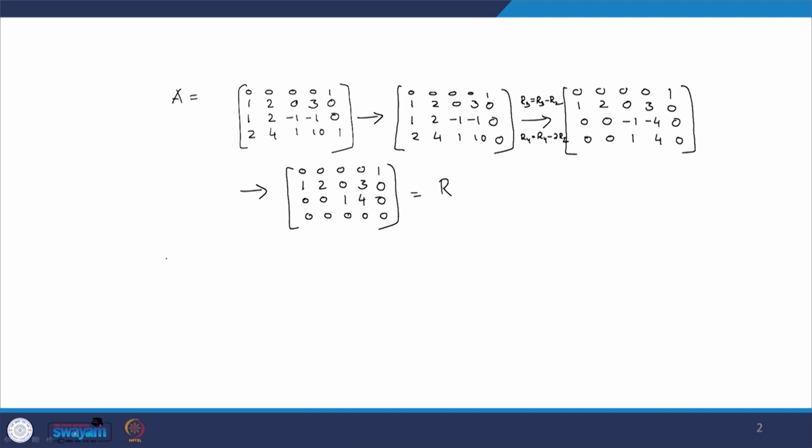So, let Ki denote the column number of the ith row at which the leading entry appears.